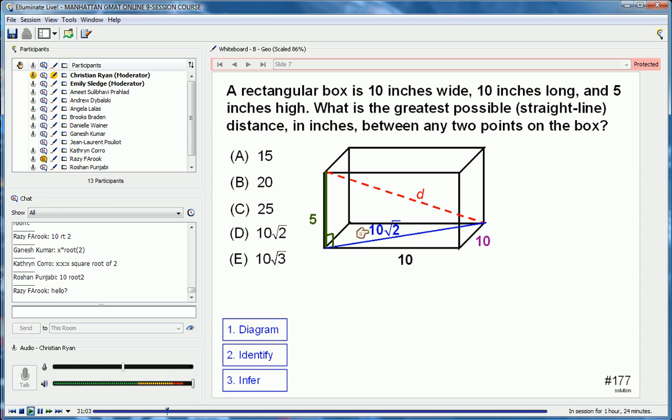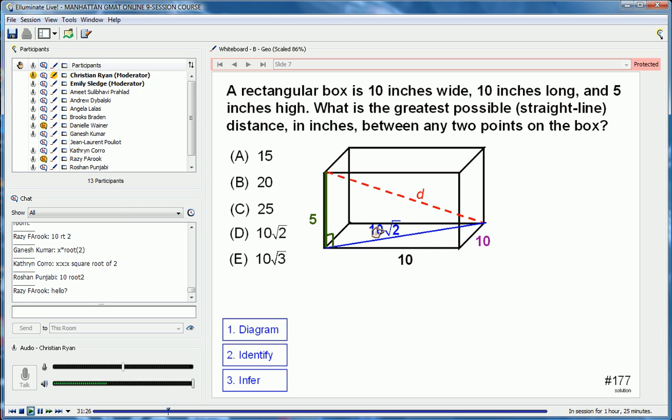So shown here, going from opposite corners, just slightly differently shown. 10 root 2 is our diagonal across the floor of the room, which turns into the leg of the other triangle. Notice again here we have something that I alluded to before. We've changed roles.